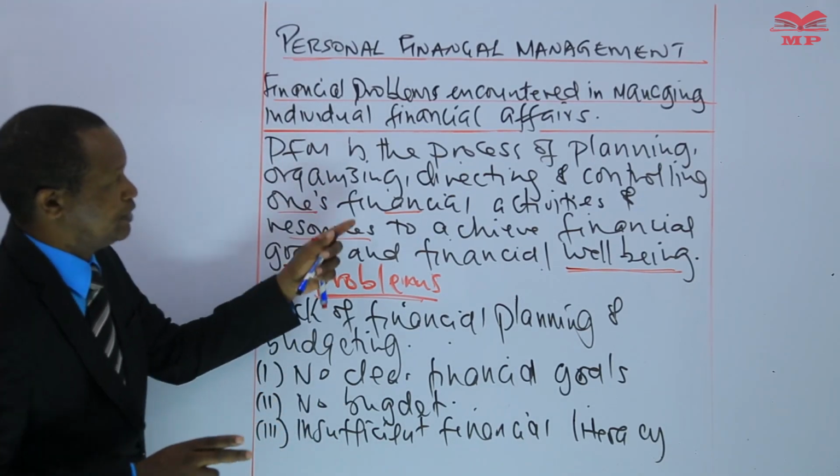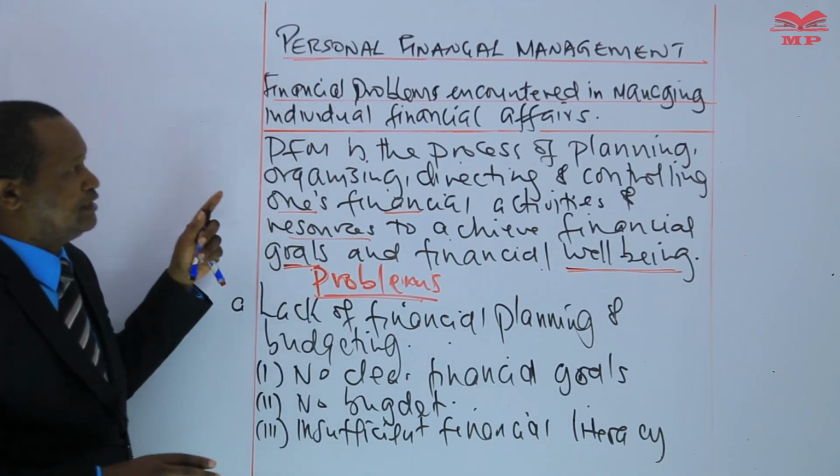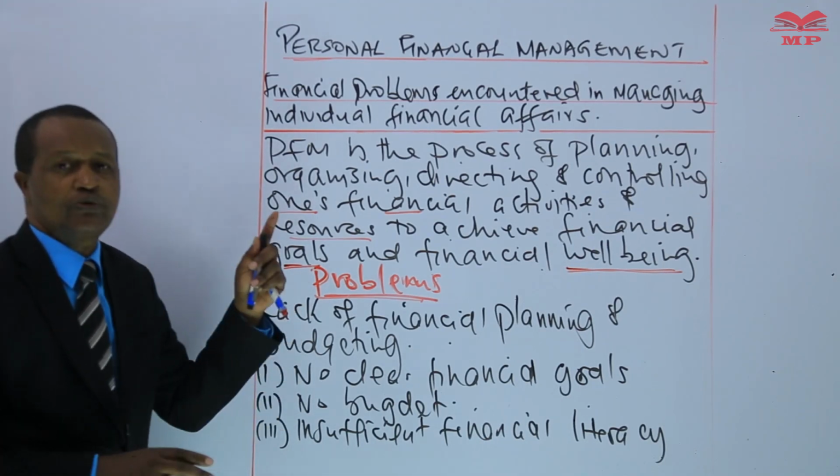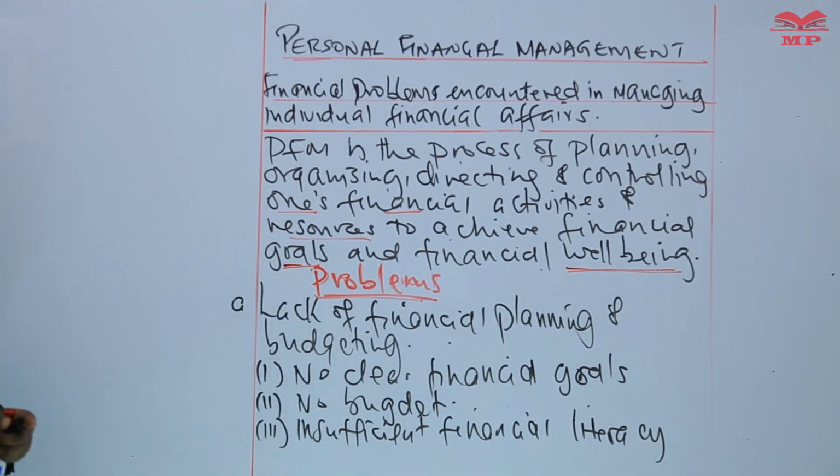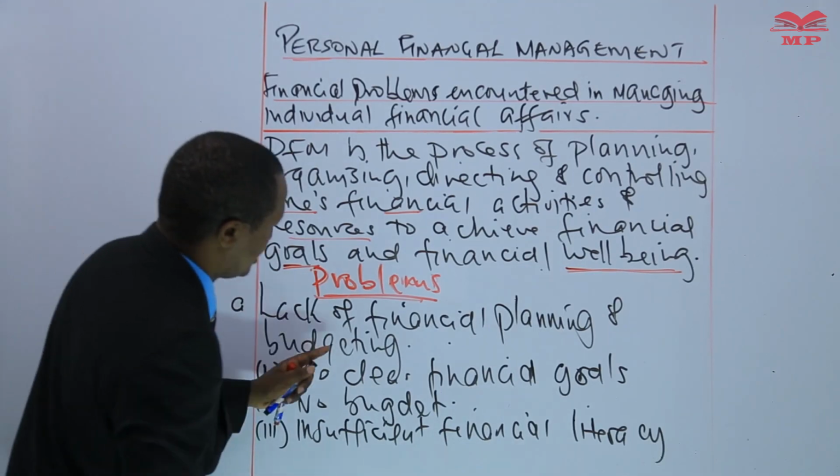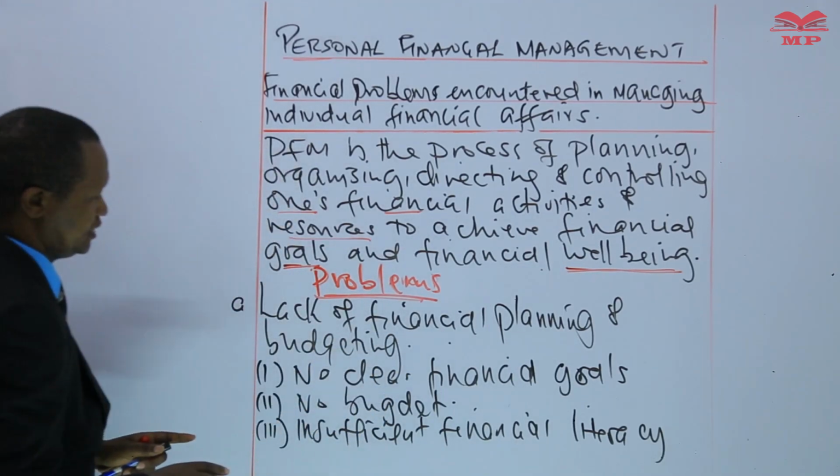And that is a problem that is encountered in managing individual financial affairs. So this is the first category, lack of financial planning and budgeting.